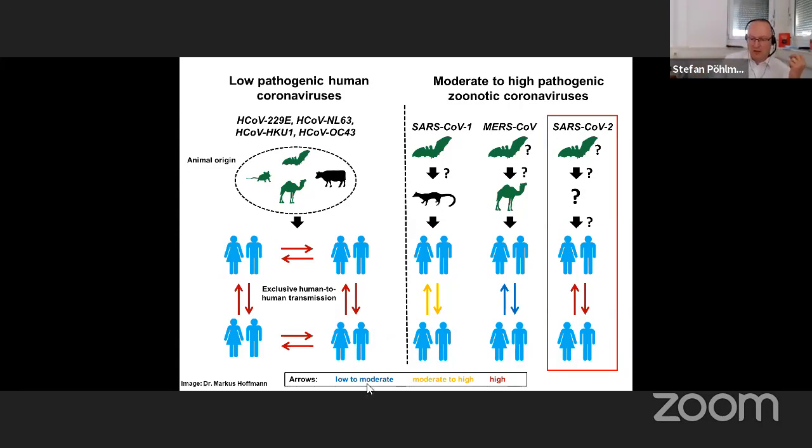One commonality between SARS and MERS is that the viruses causing the diseases are not very efficiently transmitted between humans. Unfortunately, this is not the case for the third virus that made it from animals to humans. That's the SARS coronavirus 2 that is responsible for the current COVID-19 pandemic.